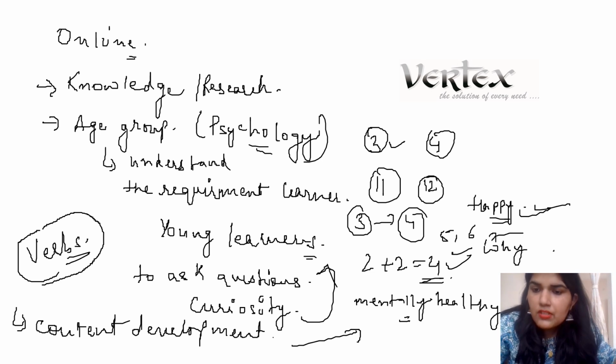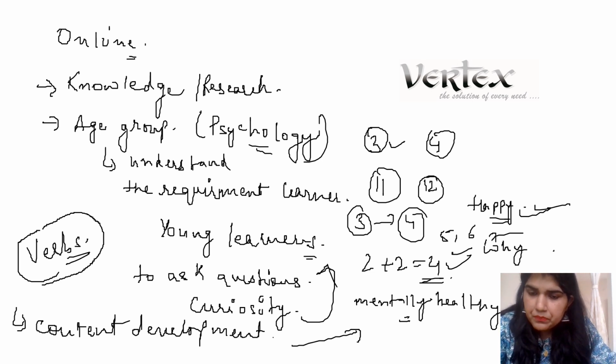You cannot reply in a way where he or she may get disappointed by asking such a question. You will not say, no, see, it's just like that, 2 plus 2 is 4. You must be well researched. You must have good knowledge to explain to your learner why 2 plus 2 equals 4, right?